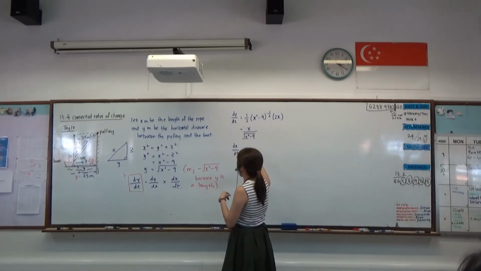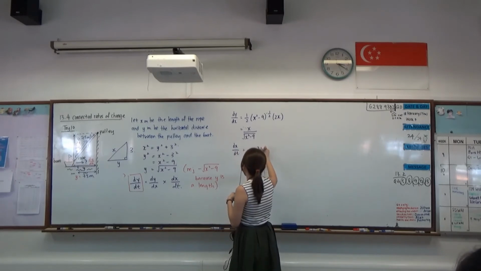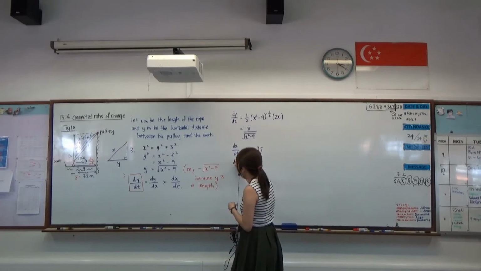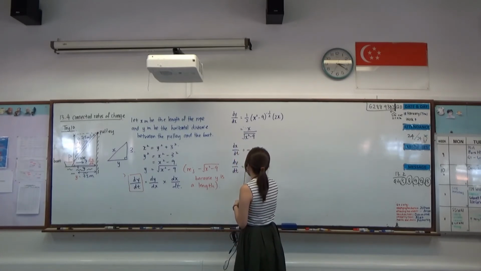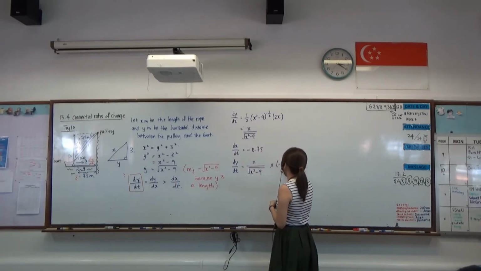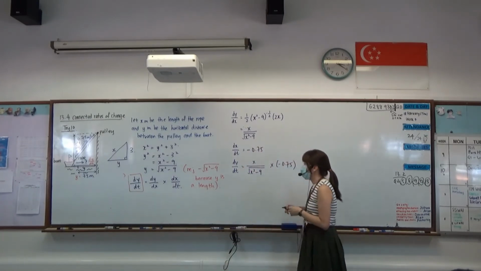So our dx over dt is actually negative 0.75. So our dy over dt will be as such.